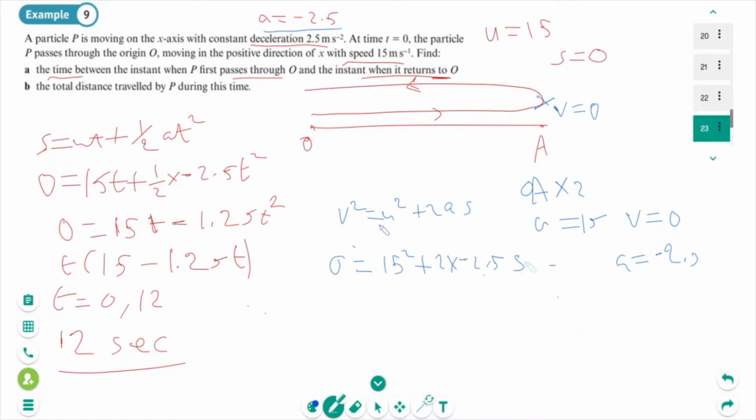I'm trying to find s, the distance from O to A. So if you do 15 squared divided by 5, I get 45. So s equals 45.